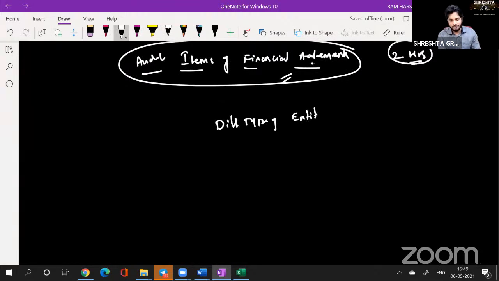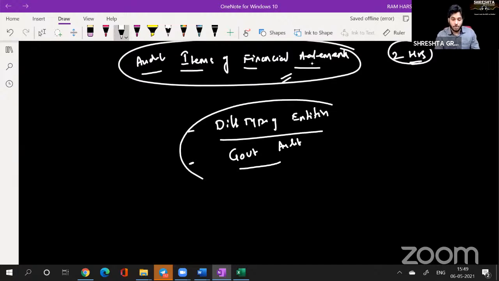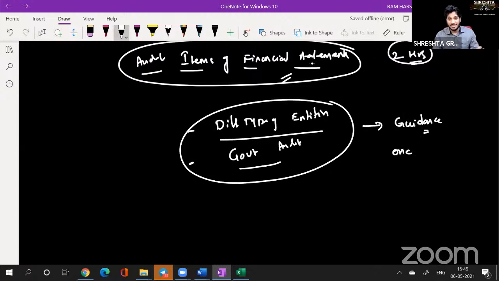Audit of different types of entities is one agenda, and another one is government audit. For these 2 chapters, I am going to give you guidance on how to prepare them. I will take a session of 1 to 1.5 hours where you will get a comprehensive idea on how to deal with and understand these chapters.